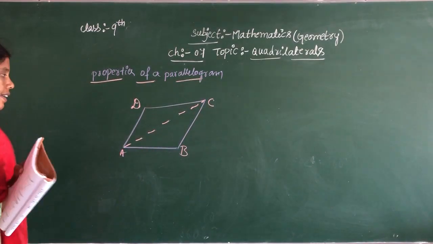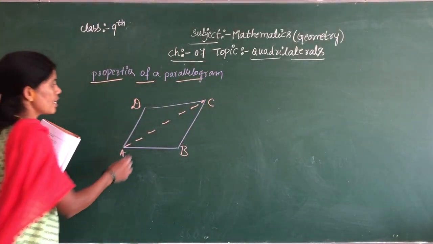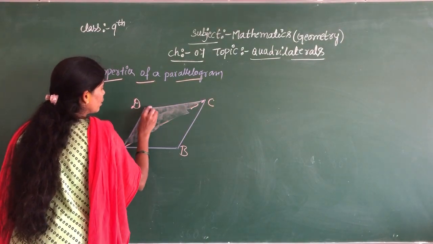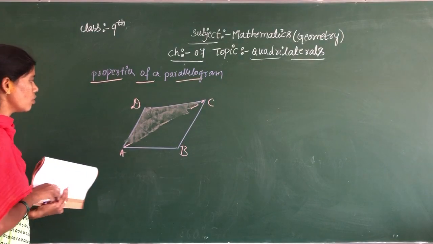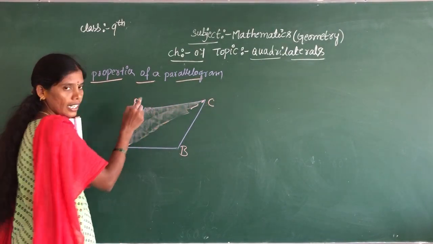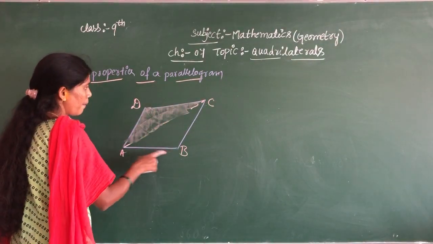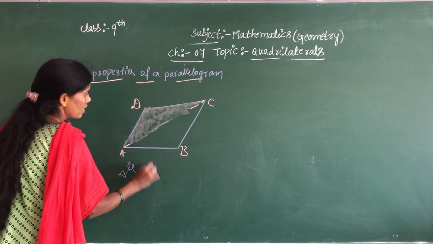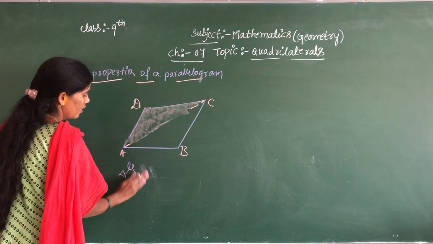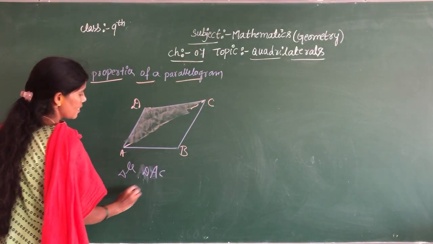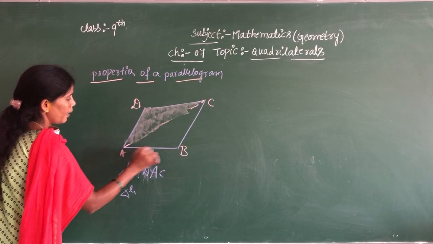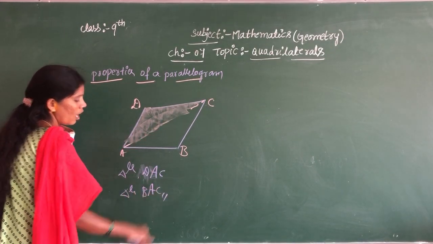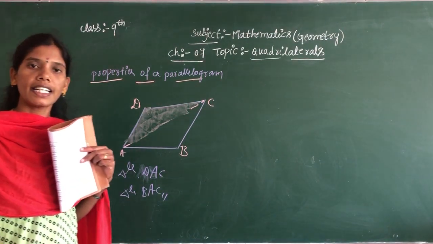Okay, cut one diagonal, then this is divided into how many triangles? Two triangles. Which ones? Triangle ACD and triangle ABC, that is, triangle DAC and triangle BAC.